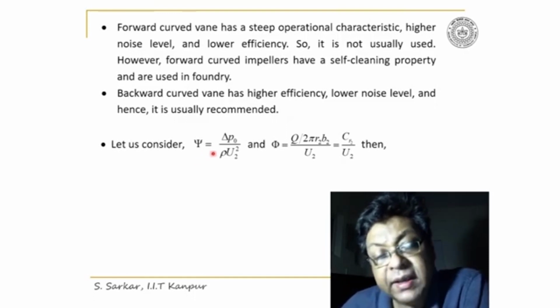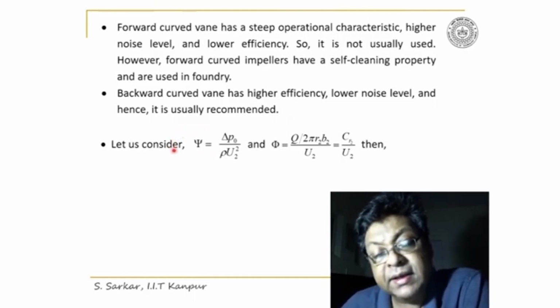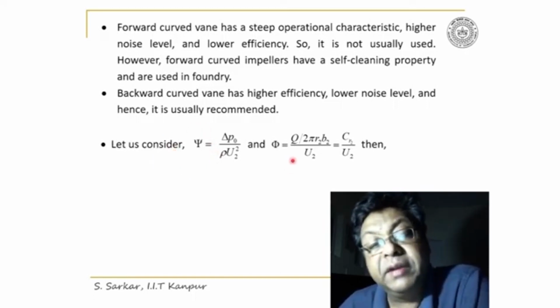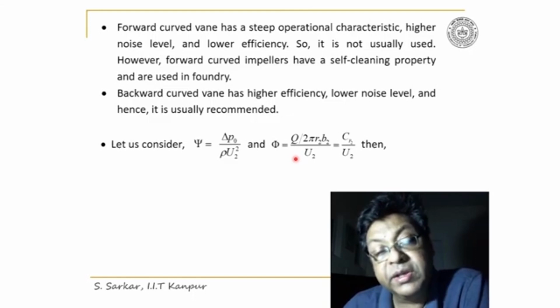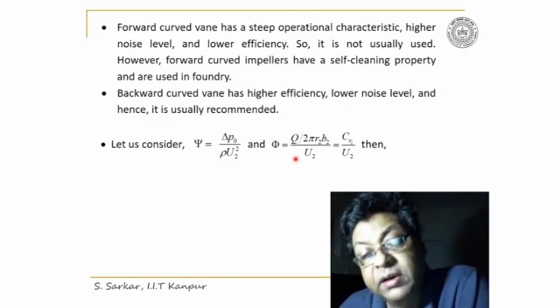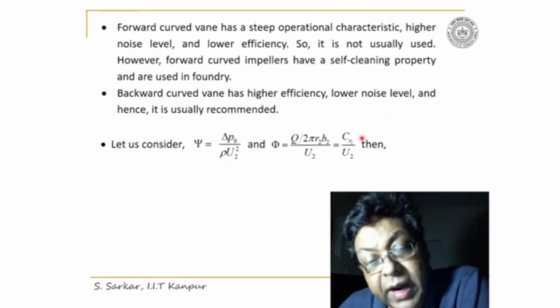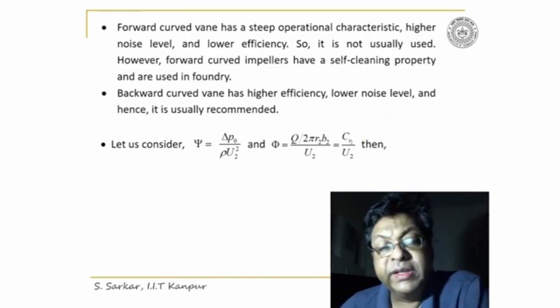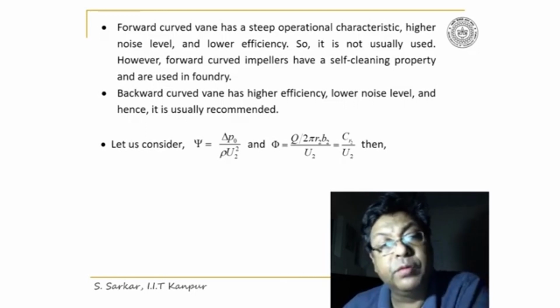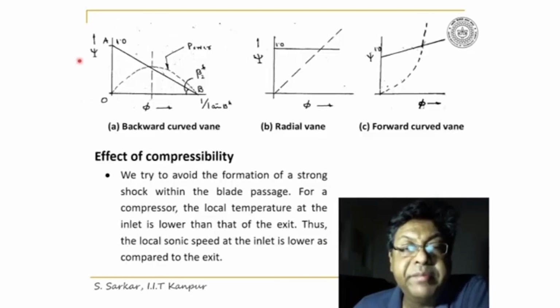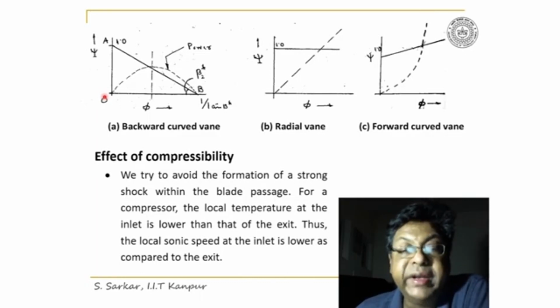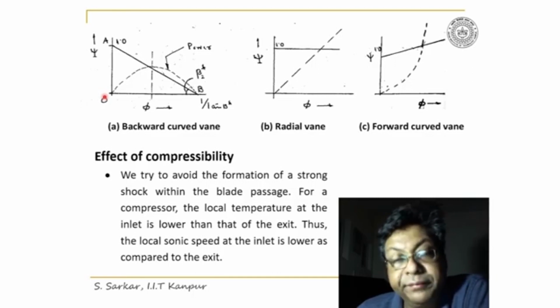So xi is the non-dimensional pressure rise coefficient, and similarly phi is the flow coefficient, written as CR2 by U2. With this definition, we can move further. Here I have indicated xi-phi characteristics for a backwardly curved vane, radial vane, and forward vane.